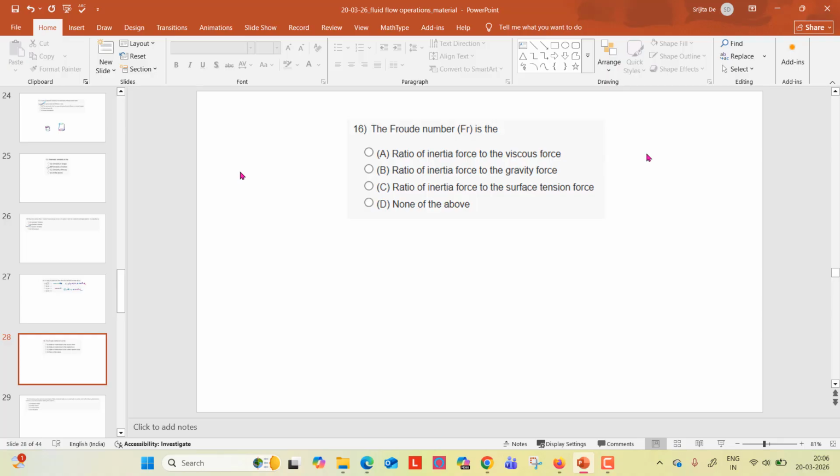The Froude number is the ratio of inertial force to gravity force. If you have an expression of Froude number, you can see from here.